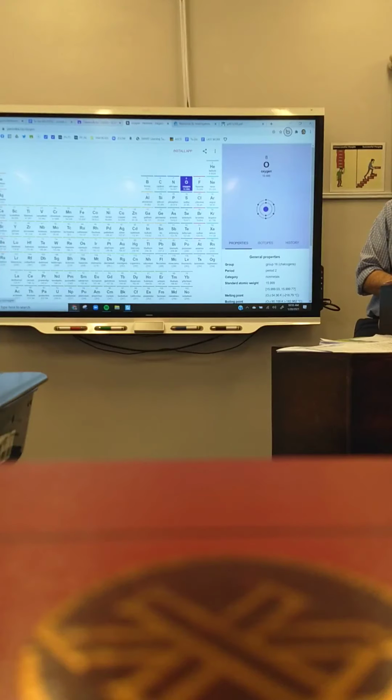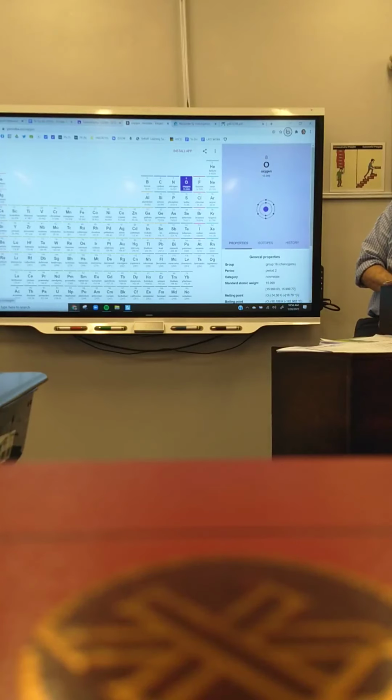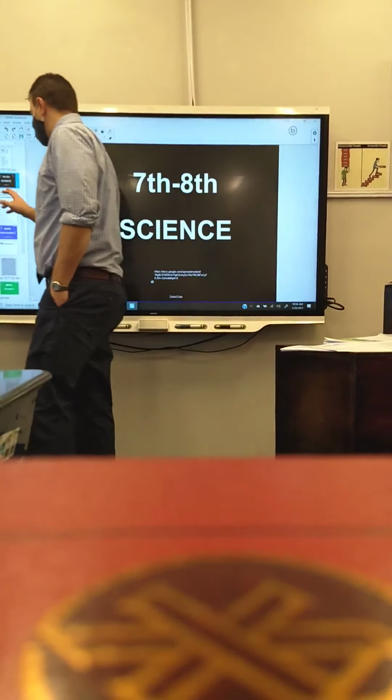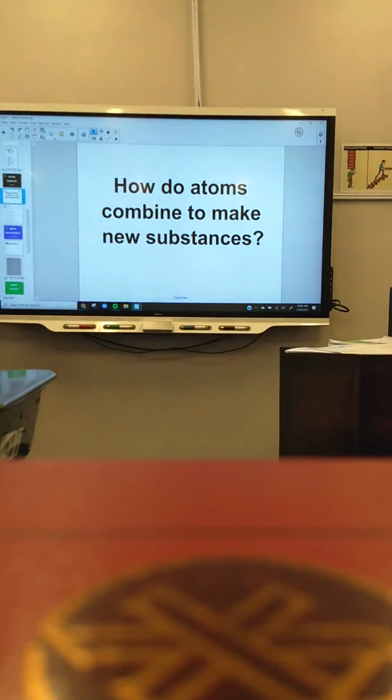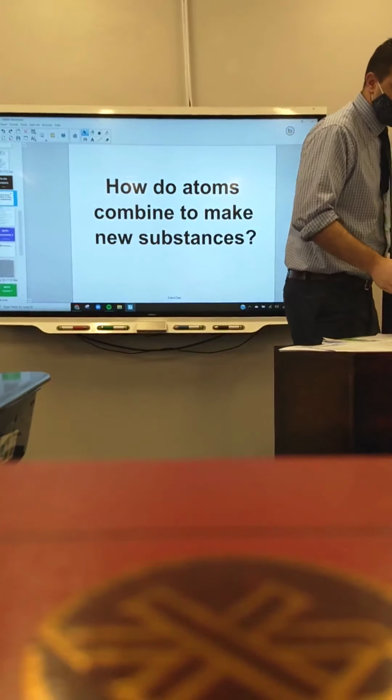Let me say that again. Here are our 118 different types of elements, and the basic particles are called atoms. Our driving question is going to be this: how do atoms combine to make new substances?